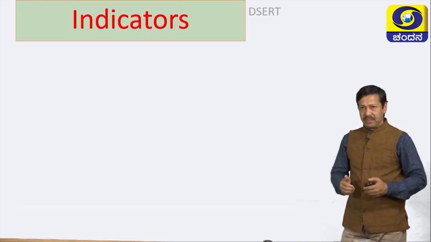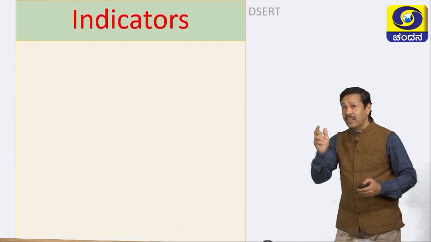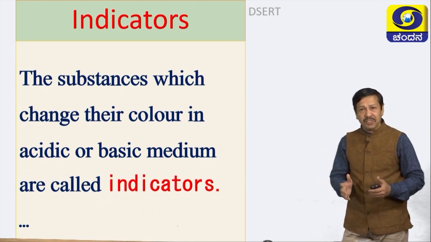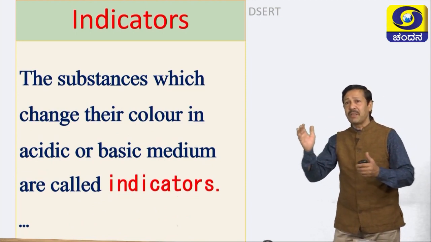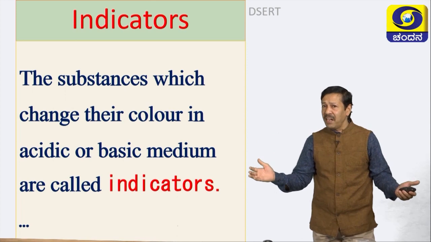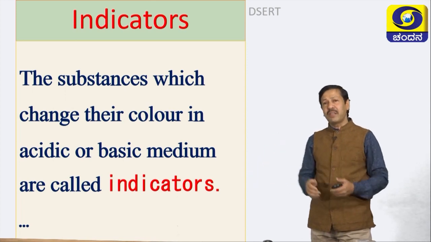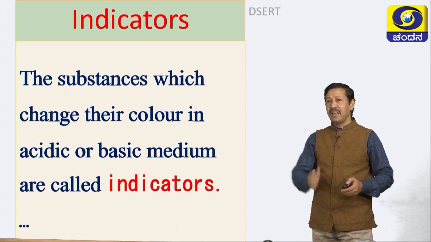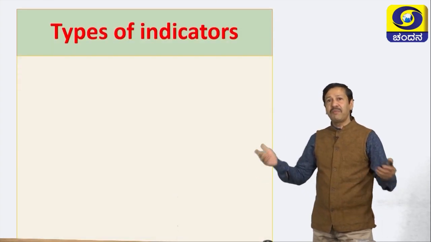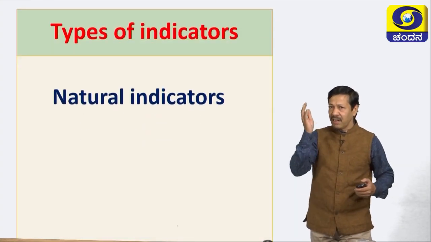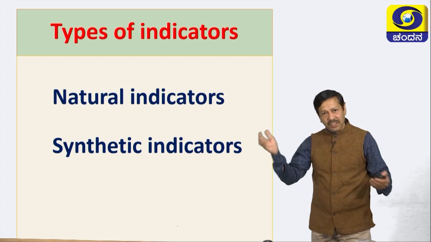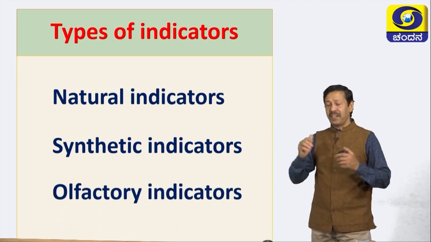Now indicators. These are very important compounds, which help us to distinguish which is an acid, which is a base. The substances that change their color in acidic or basic medium are termed indicators. We have different types of indicators. They are natural, synthetic, olfactory indicators.